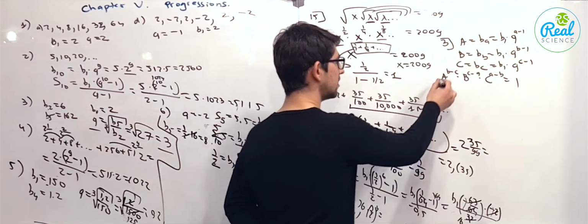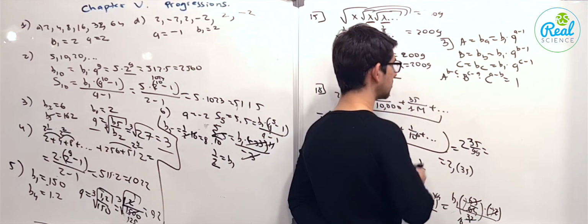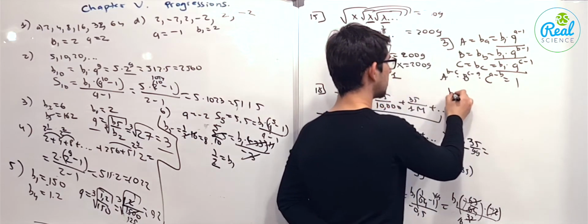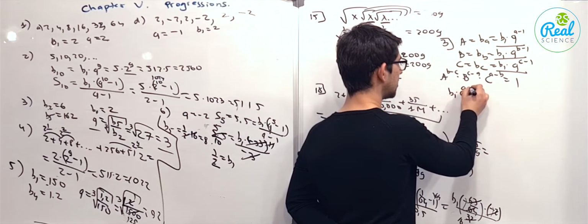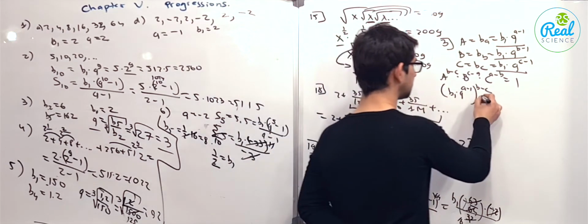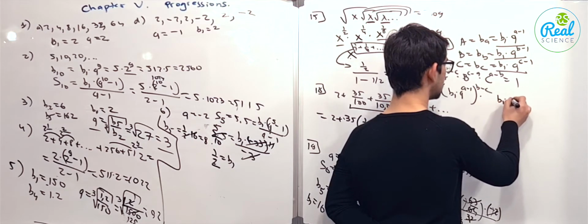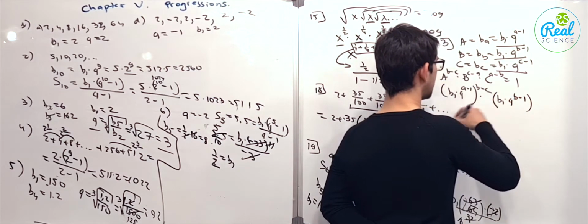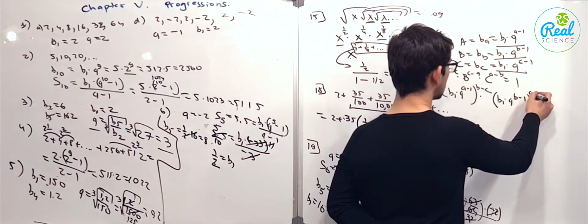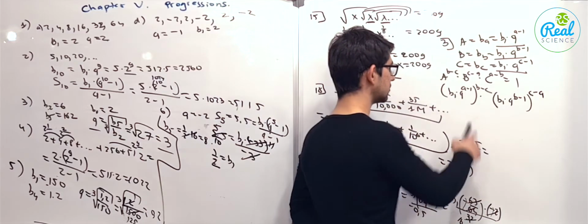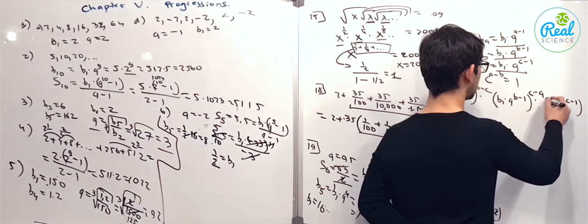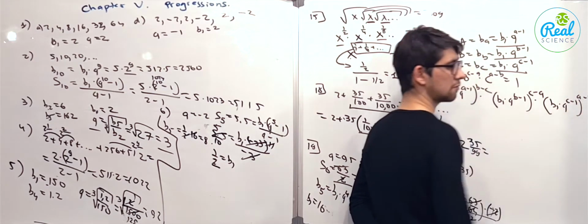And let's replace your a, b, c over here, okay? So this a is this one, your b is this one, your c is this one. b1 q to the power of a minus 1, to the power of b minus c. Power of the power. And here you have b1 q to the power of b minus 1, and to the power of c minus a. Multiplied by b1 q to the power of c minus 1, and to the power of a minus b, equals 1.